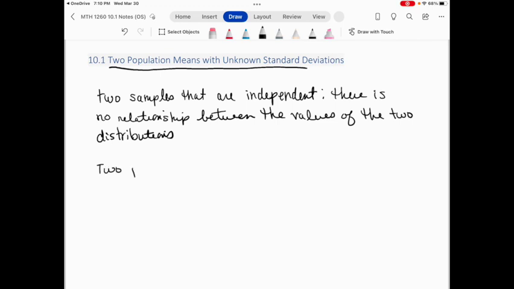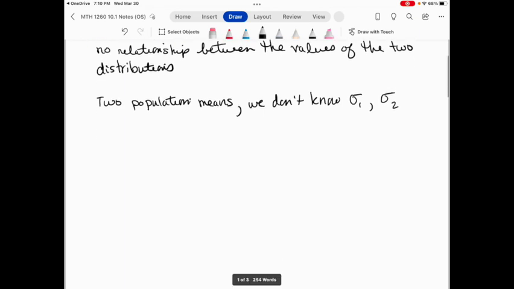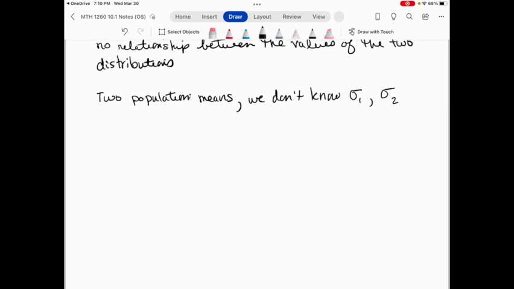So the first situation that we're going to cover is if we're looking at comparing two population means and we don't know the standard deviation for either one of those populations.